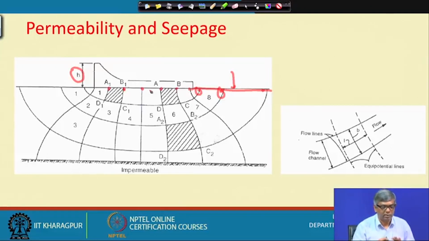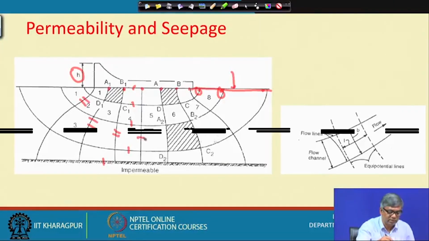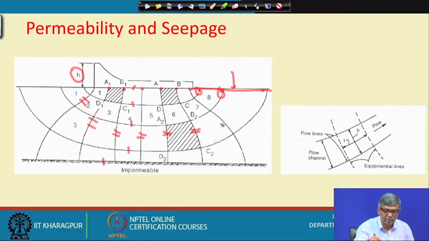It is not very simple to draw this. Only one thing one has to remember: these are flow lines, and these are all equipotential lines. Now the one thing to be remembered is that flow lines and equipotential lines intersect each other at right angles.